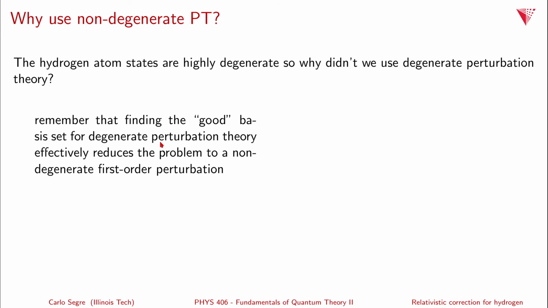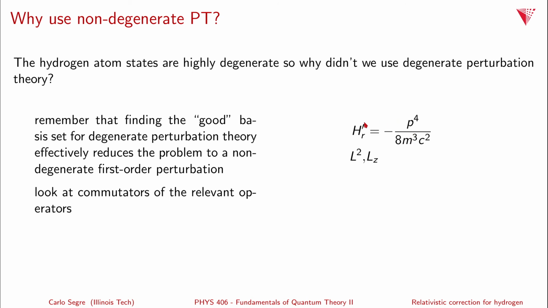So by finding the right basis set, you diagonalize H prime, and diagonalizing H prime means that the correction just is what's on the diagonal of the H prime matrix. Well, in this case, H sub r prime is equal to minus p to the 4th over 8m cubed c squared. And the operators that we want to diagonalize are L squared and L sub z because the result depends on the orbital angular momentum, as you saw in the previous slide.